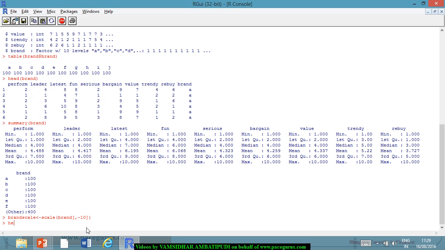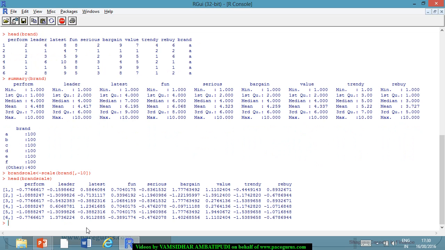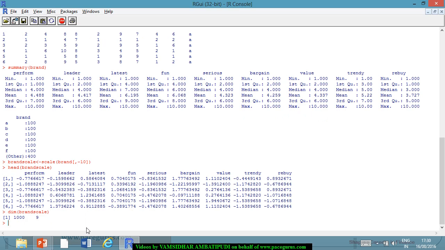If you look at the head, this is what is contained as part of the brand scale, and I can look at the dim of brand scale. It is 1000 rows and 9 columns. Now I require the brands also to be appended.